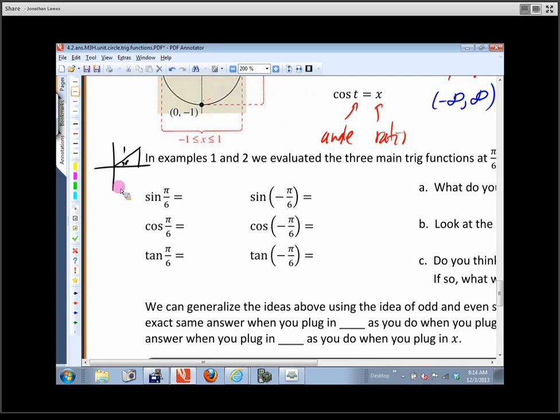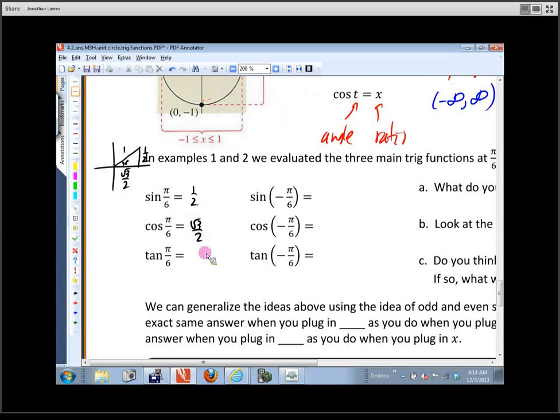Okay. This one's going to be the short leg. This one's going to be the long leg because it would be across from the 60-degree angle. So this is going to be radical 3/2. And this one is 1/2. So the sine of pi/6 is 1/2. Cosine of pi/6? Radical 3/2.